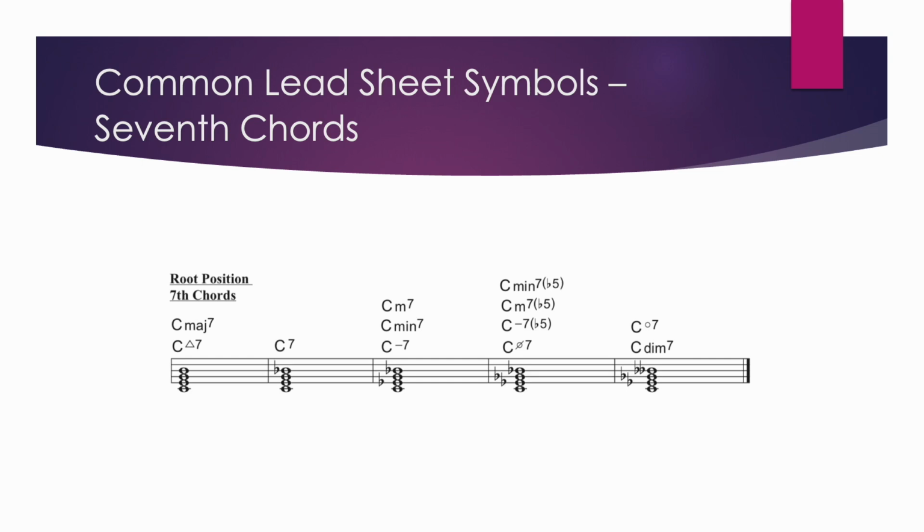So I want to move now into looking at two excerpts from lead sheets. We're going to use a phrase from the hymn Amazing Grace and a phrase from the jazz standard All the Things You Are. And I want to realize both of those excerpts, one from the piano perspective and one from a guitarist perspective.